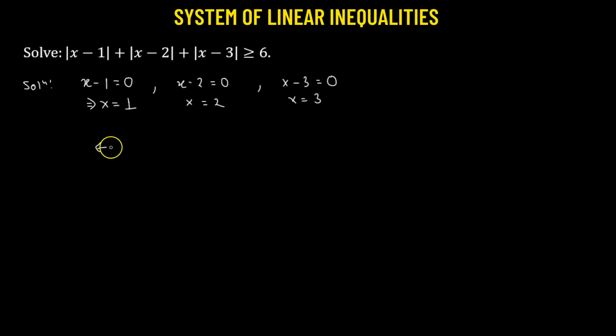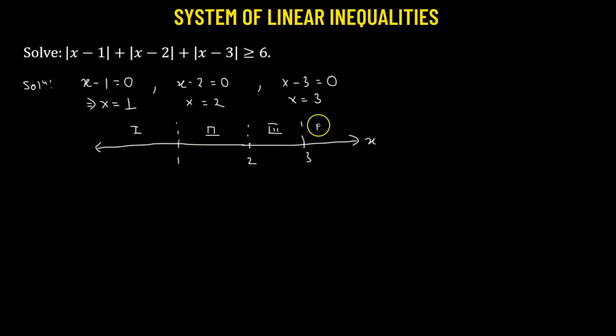Now if we consider a real number line, and on this real number line we'll consider all the real values of x, and we consider x equals 1, x equals 2, and x equals 3. So here we'll see that these three numbers divide the real number line into 4 regions. So region number 1, there we'll have to consider all the values of x lying between negative infinity and 1.